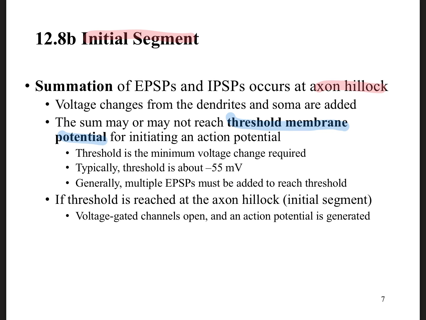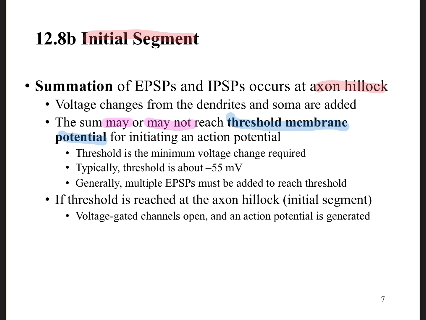So the sum may or may not reach threshold membrane potential. What happens if we never reach threshold? There's no action potential. It just keeps adding things up, right? If we don't reach threshold, sodium ion channels close, we move sodium back out, and it goes back to resting membrane potential at some point, right?